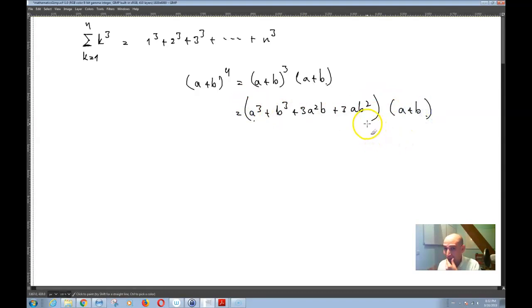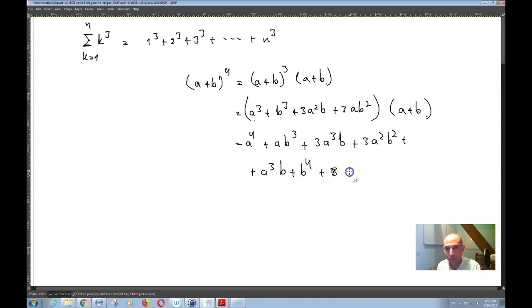And what you will get is a raised to the power 4 plus ab cube plus 3a cube b plus 3a squared b squared, and then multiplying b by all of these terms, you will get plus a cube b plus b raised to the power 4 plus 3 times a squared b squared plus 3 times ab cubed.